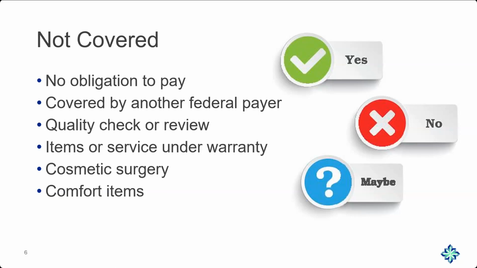It's just when your organization has a certain process in place that is a quality check. Okay. We already talked about items under warranty. Those are also no obligation to pay. Cosmetic surgery, purely for cosmetic purposes. And then comfort items, such as a fan while you're inpatient in a hospital. Those are just things that don't need to be paid. So those are types of not covered services.